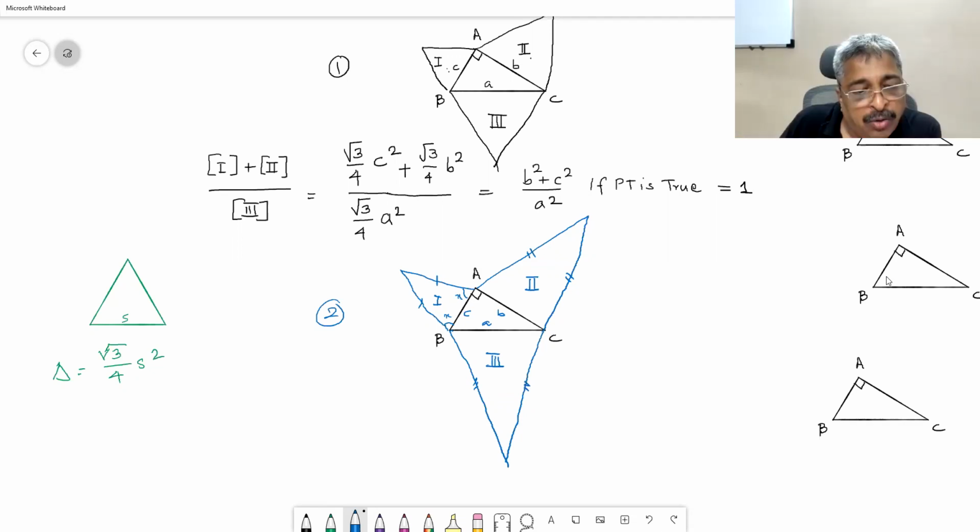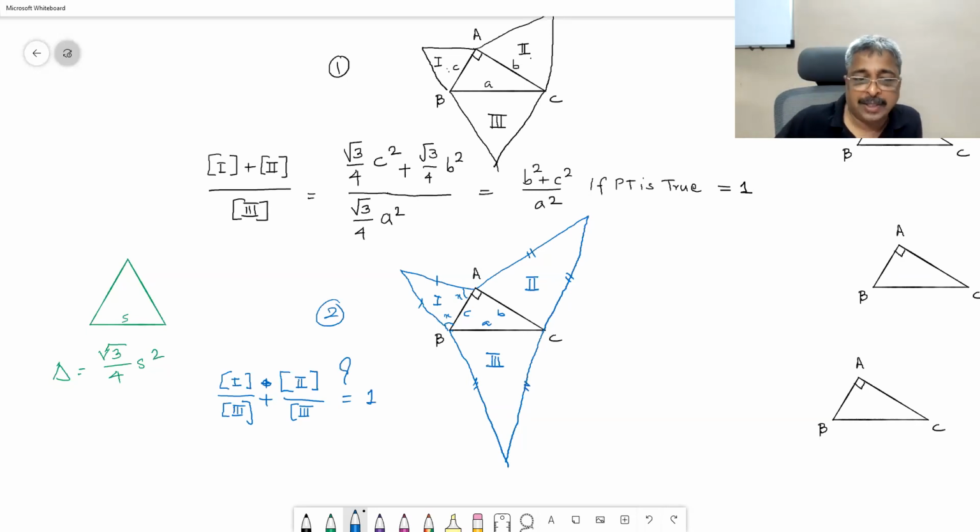So area of triangle 1 plus area of triangle 2 divided by area of triangle 3, I can put it like this, and I just want to add them and check whether this is 1 or not.